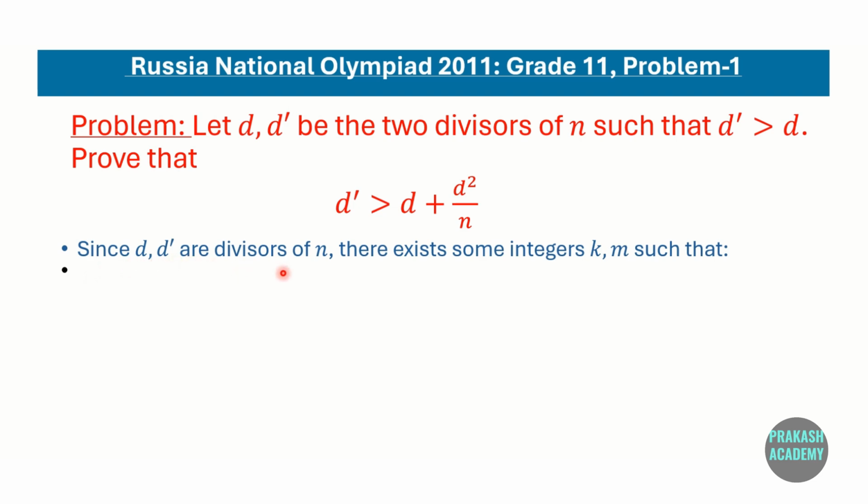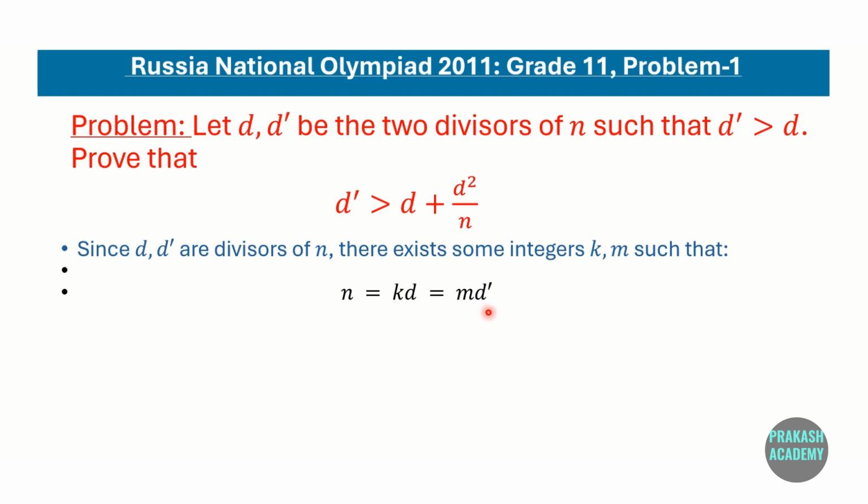Since d and d dash are divisors of n, I can have two integers, let us say k and m, such that if I multiply k by d, I will get n, and if I multiply m with d dash, I will get n. So n is equal to k times d, or n is equal to m times d dash.